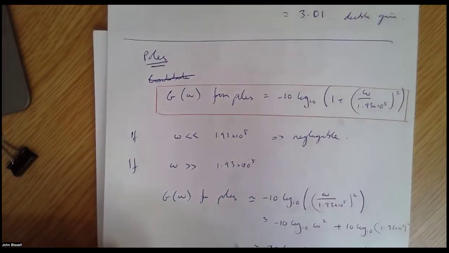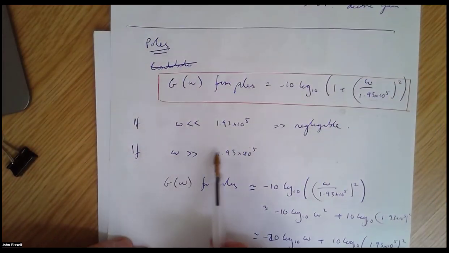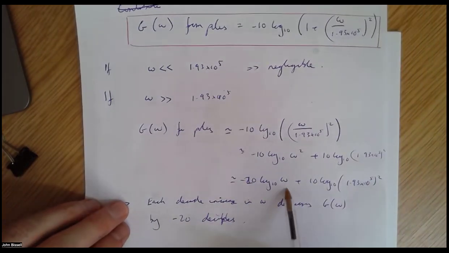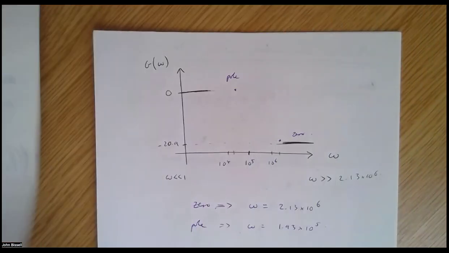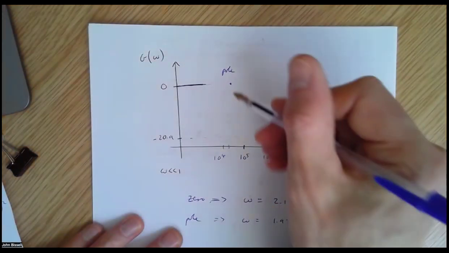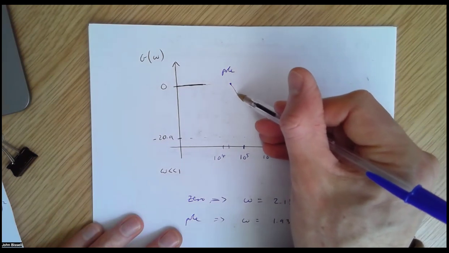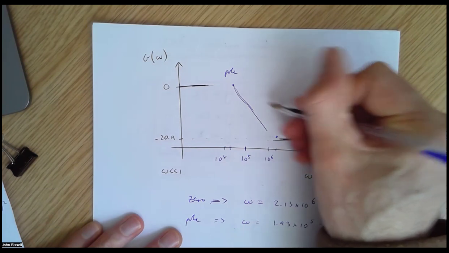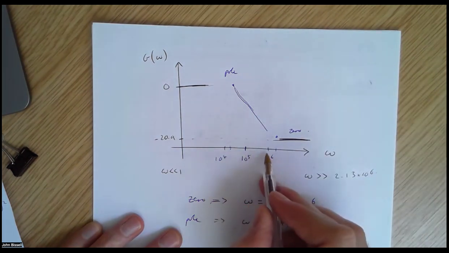So for the poles, we said that if the frequency was much bigger than the pole, then we're decreasing by 20 decibels per decade. So we've got to be decreasing by 20 decibels per decade. So we're going to be doing something like that. The gradient there is going to be like minus 20 per interval.